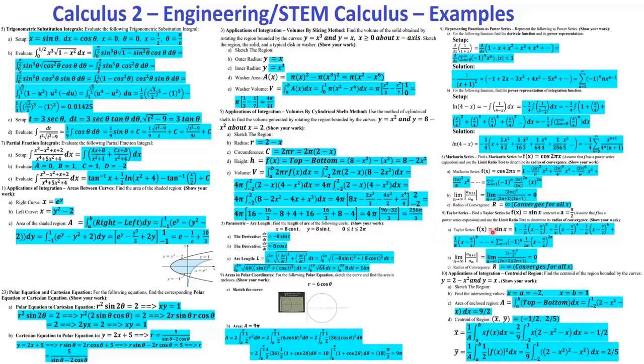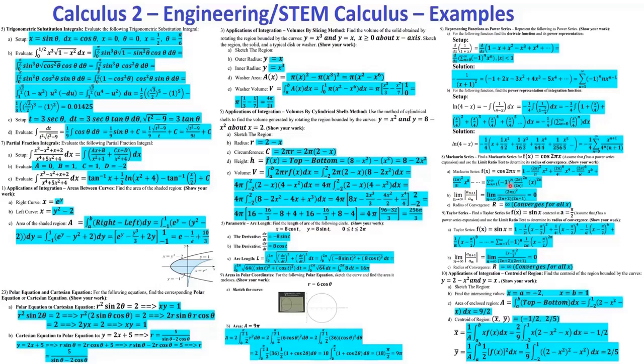Then I have the Maclaurin series of f of x equals cosine of 2 pi x. So the Maclaurin series of this is 1 minus 2 pi squared over 2 factorial x squared plus 2 pi to the 4 over 4 factorial x to the 4 minus 2 pi to the 6 over 6 factorial x to the 6, plus 2 pi to the 8 over 8 factorial x to the 8, and this can be written in sum notation.